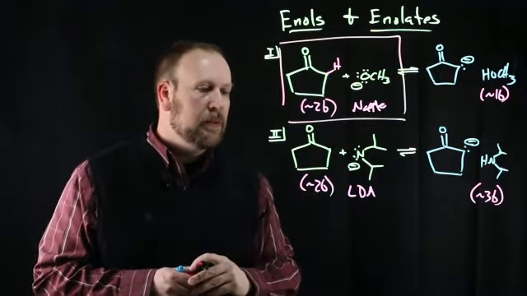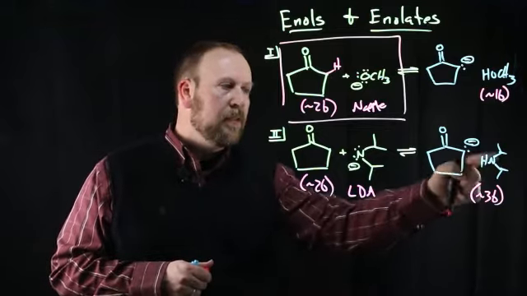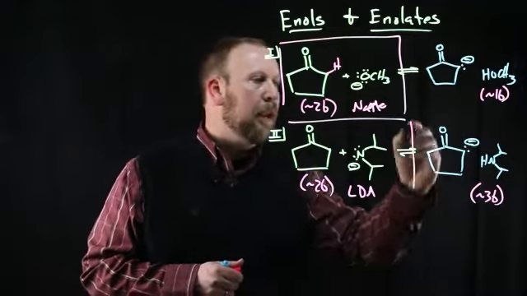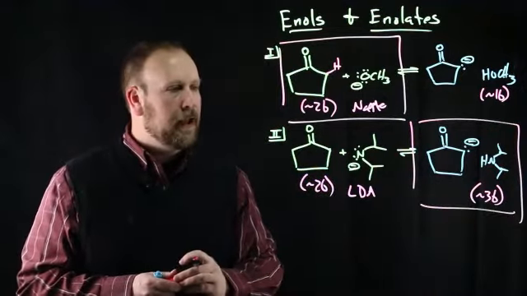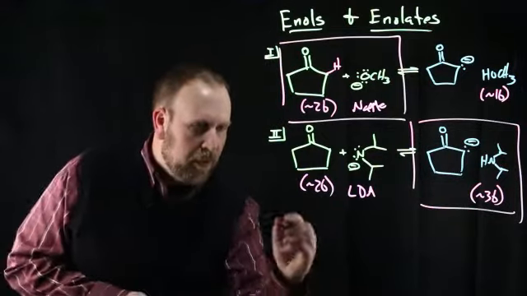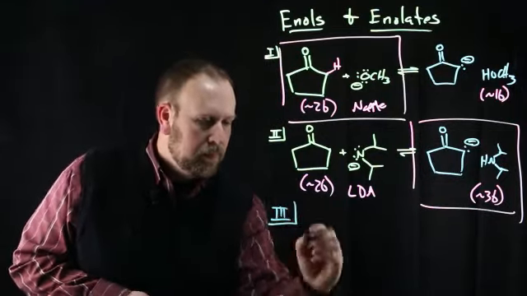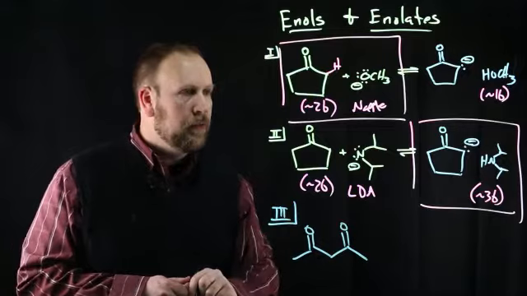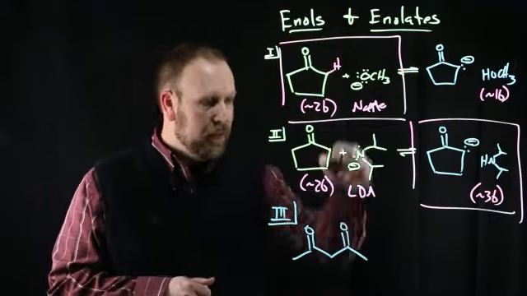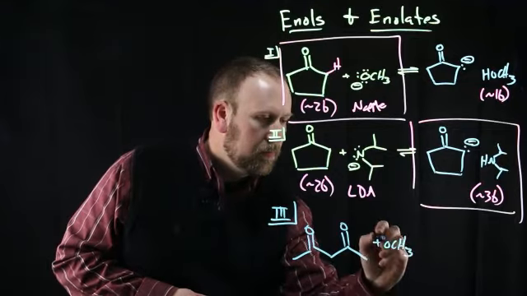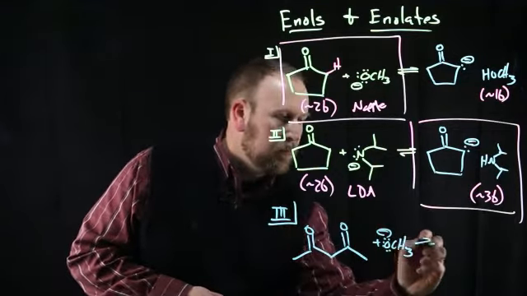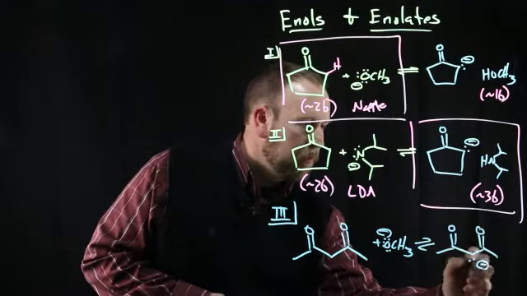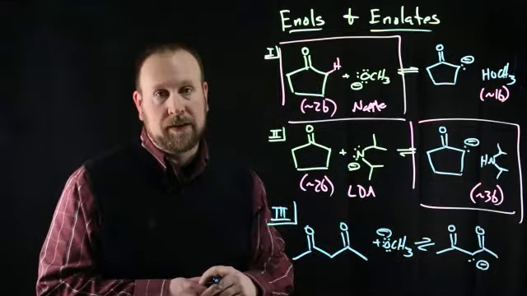However, in the second example, we have the opposite case. Now this amine is 10 orders of magnitude less acidic than the alpha hydrogen in our cyclopentanone. That means that the product side is going to be heavily favored in that example. If we look at a third example, here I have two carbonyls. I'm going to use our weaker base of these two. The enolate that we form in this case is stabilized by both of these carbonyls that are present.